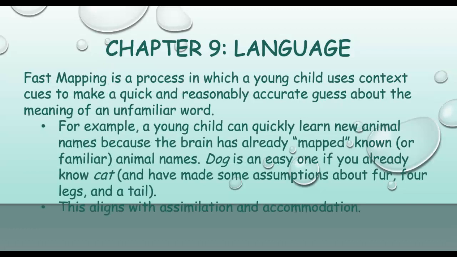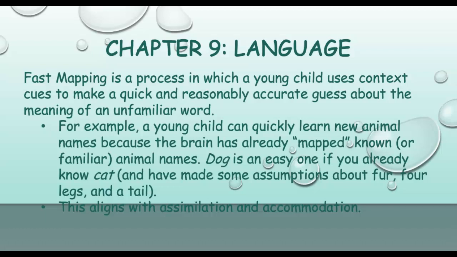Fast mapping is a process in which a young child uses context clues to make a quick and reasonably accurate guess about the meaning of an unfamiliar word. So in this case, the example is a young child quickly learns a new animal name because the brain already has mapped and knows the familiar animal names.